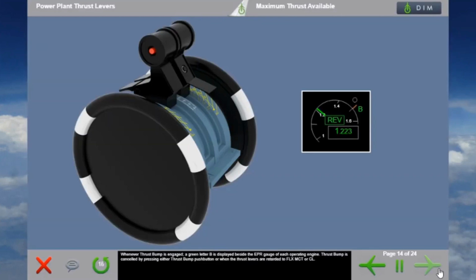Whenever thrust bump is engaged, a green letter B is displayed beside the EPR gauge of each operating engine. Thrust bump is cancelled by pressing either thrust bump push button or when the thrust levers are retarded to FLEX, maximum continuous thrust, or CLIMB.